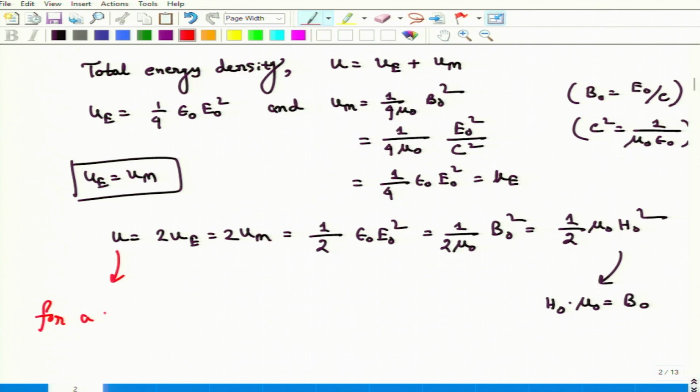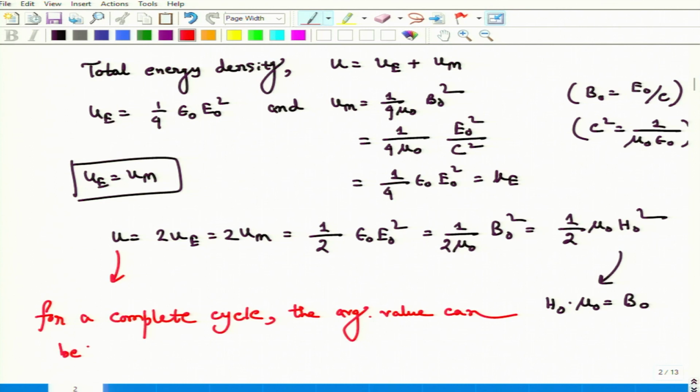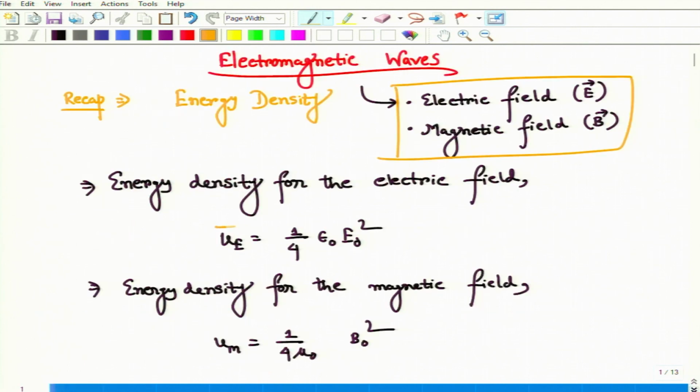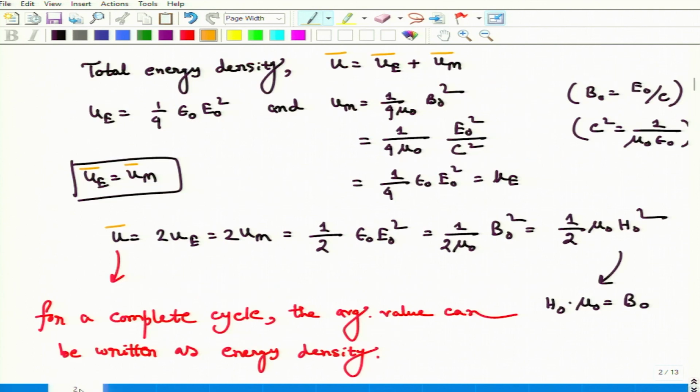For a complete cycle, these are all averages, and we can write U average is equal to U. So it's clear, ultimately this is the form of U.